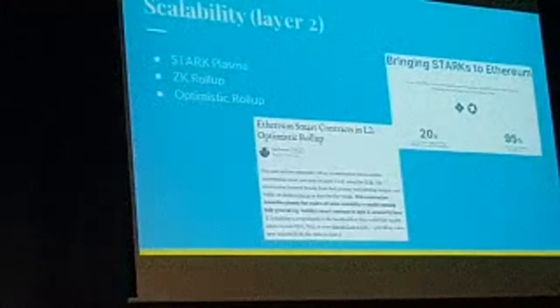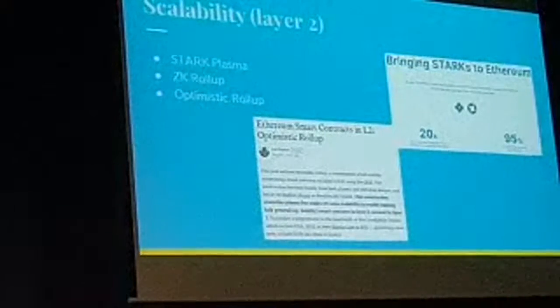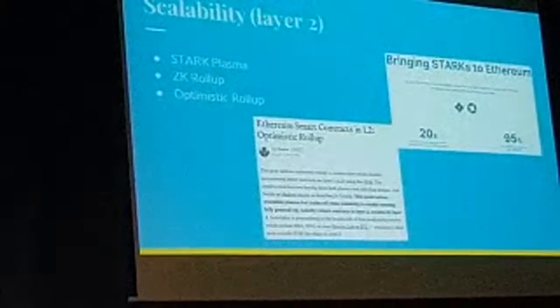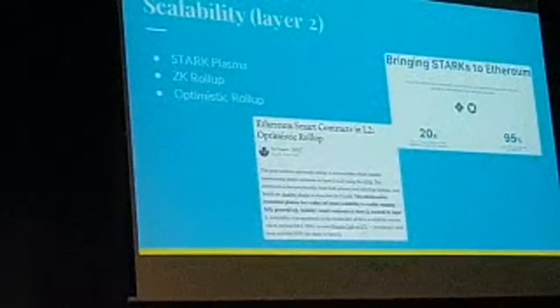Another big scalability trend is the use of zero-knowledge proofs, right? So Plasma has been worked on for a while, and the holy grail of Plasma is if you did not have to do fraud proofs. Instead, the only thing you had to do challenge response for is data availability.